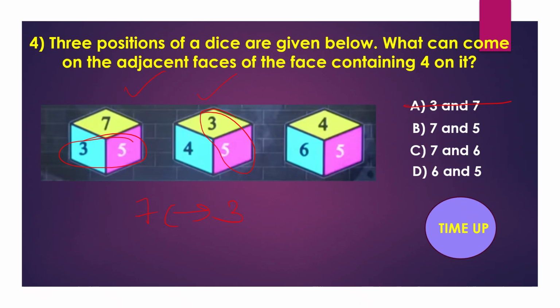Then 7 and 5 will also get eliminated. 7 and 6 also get eliminated. So what is left is 6 and 5. So 6 and 5 is the correct option. That becomes the adjacent faces for 4. Okay?